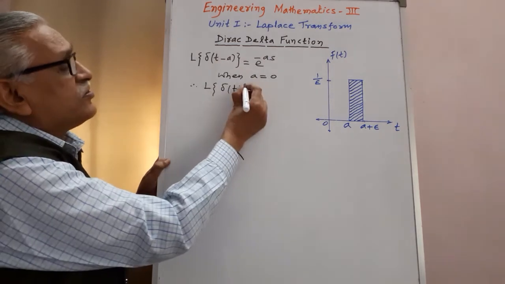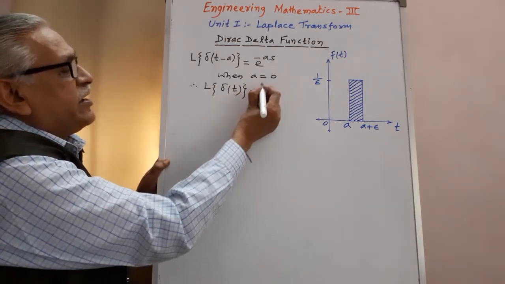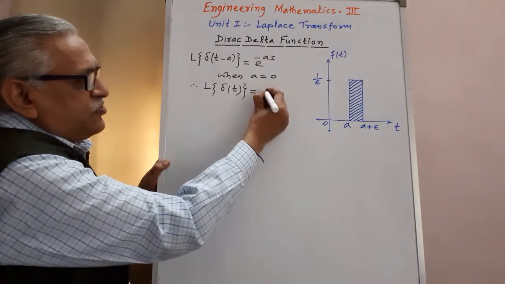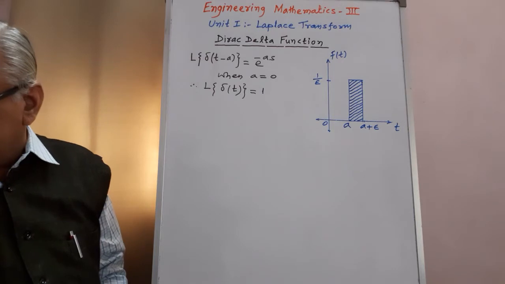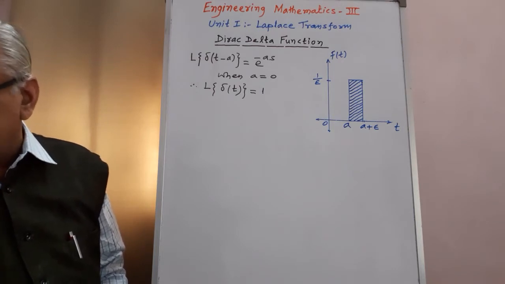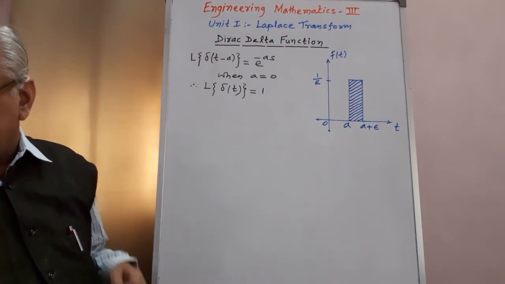If you put a equals 0, it becomes e raised to 0, and e raised to 0 is 1. Therefore, these are two important results from this.